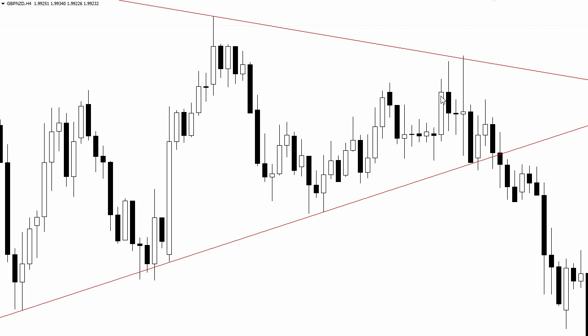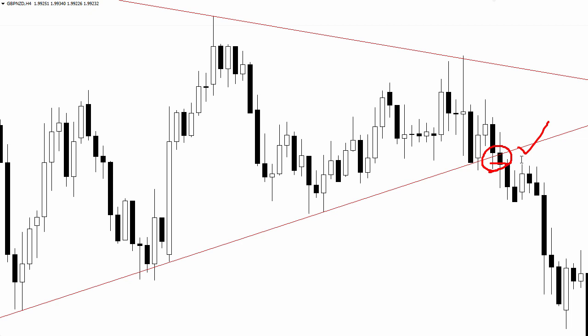So as the market was forming this pattern, we see the market starting to really put pressure on this lower level, and then we get that break, which happened right here. All right, so as soon as this 4-hour candle closed, we had a confirmed break. So this pattern was broken.